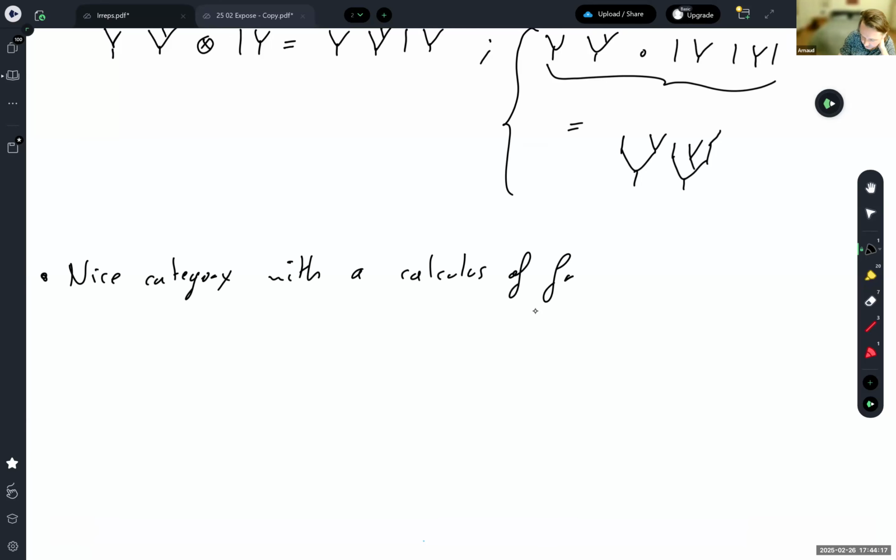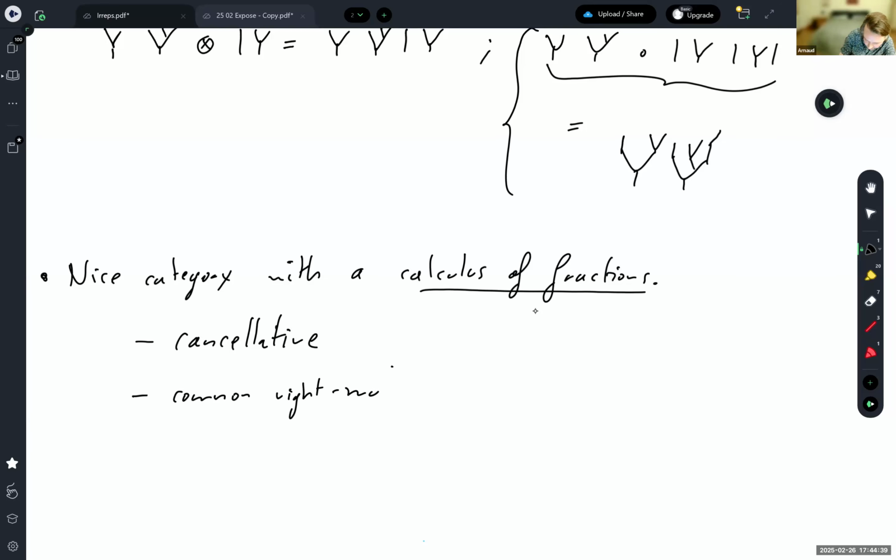So the keyword is really calculus of fractions. What does that mean? Well, the category is cancellative, so I can simplify from the left and right with respect to the composition. And moreover, there are common right multiples.